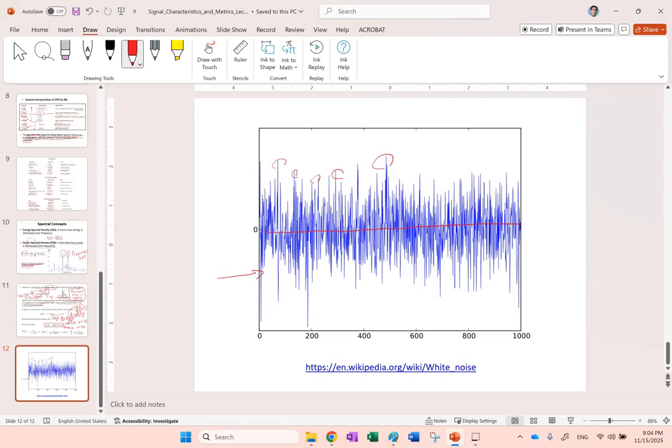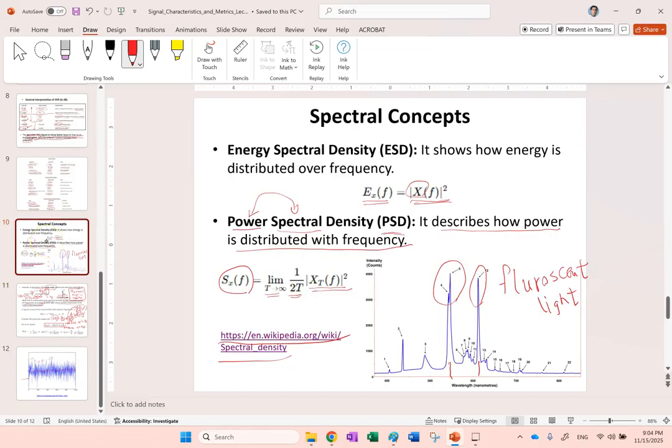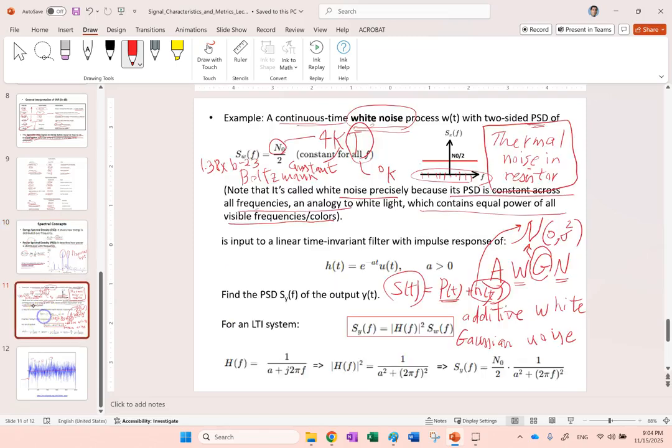If it is a normal distribution, then we call it AWGN. And in MATLAB, you have a white noise block. It's called the band limited white noise block that you can use in MATLAB, in Simulink, okay? And there is a command for it in the command window in MATLAB as well, if you want to generate it.